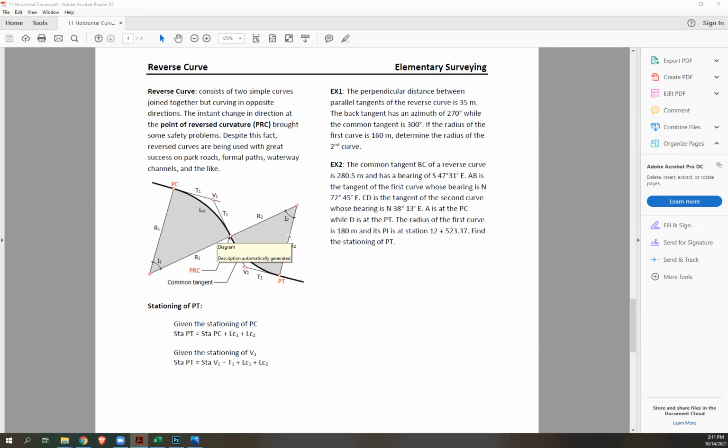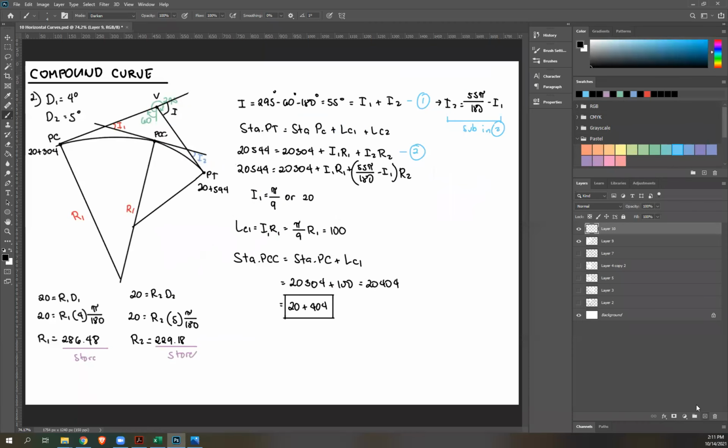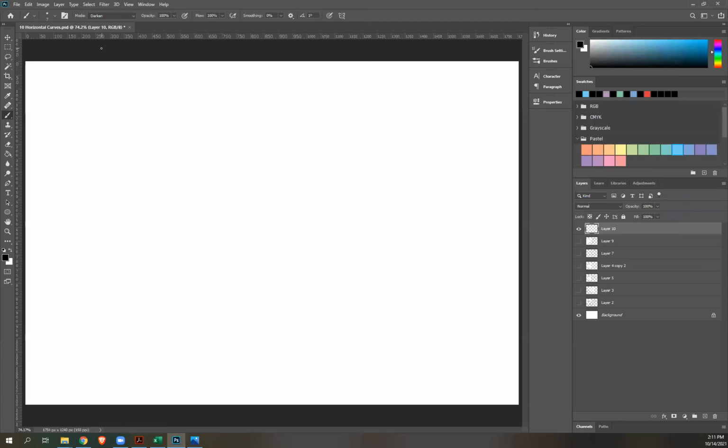So let's start out with drawing those azimuths. First, back tangent 270. Start with that. So let's draw 270.